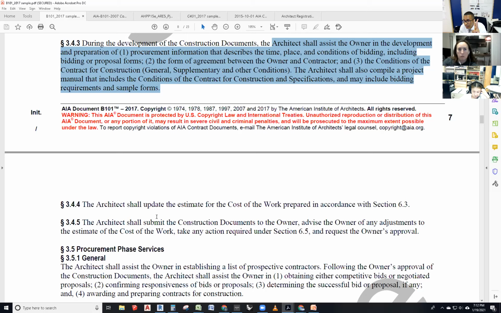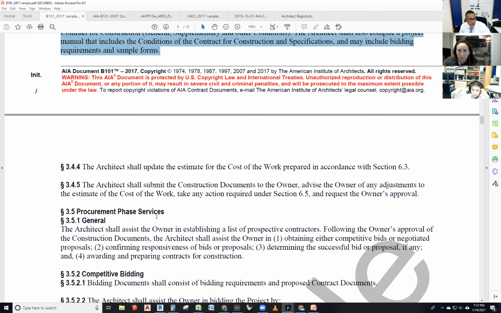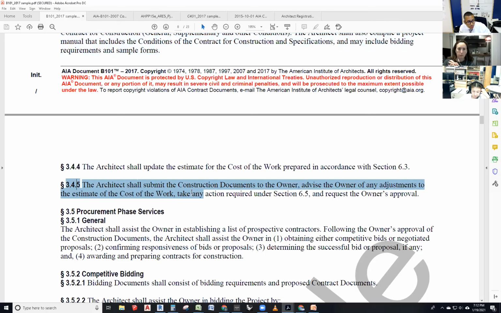Does that make sense? And then it says the architect shall submit the construction documents to the owner, advise the owner of any adjustments to the estimate of the cost of the work, take any action required under section 6.5, and request the owner's approval. That is what we do during the construction documents section.